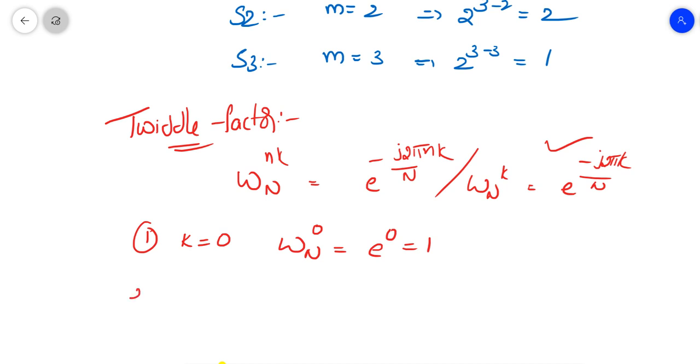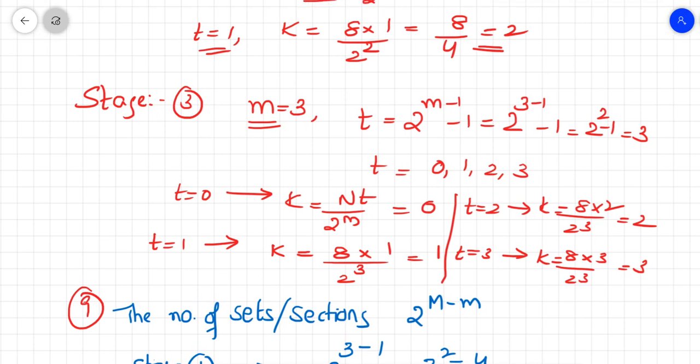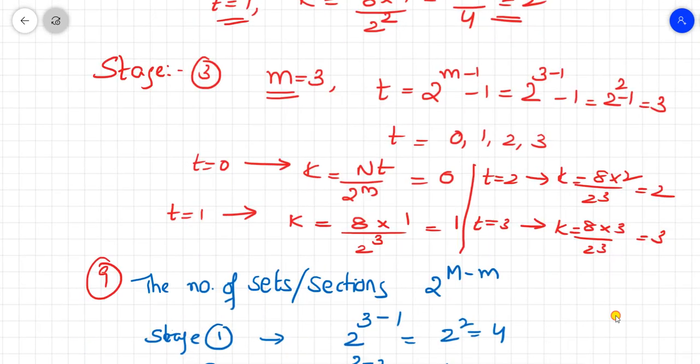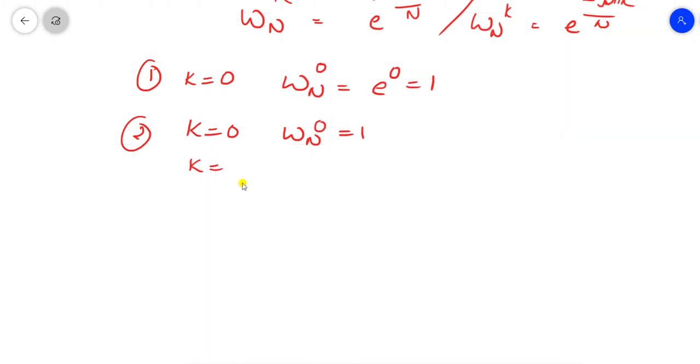Okay, and for stage 2 it has two twiddle factors. One is k equal to 0, so the twiddle factor value is again 1. And what is the other value? In stage 2, it requires two twiddle factors, so here k is equal to 2.